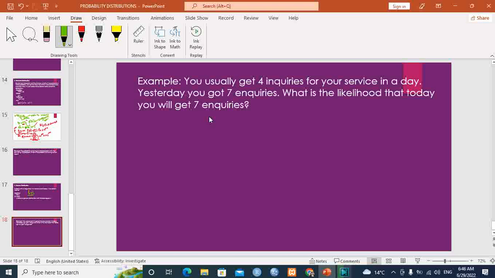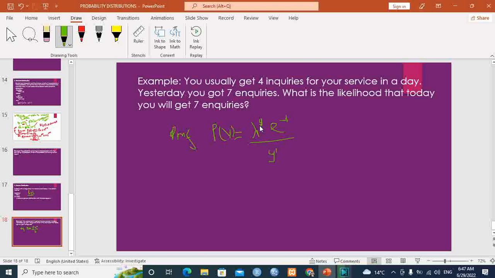To solve this, we have to look at the probability mass function for Poisson. So the probability of y is equal to lambda raised to power y, times exponential raised to minus lambda, and we divide this by y factorial.